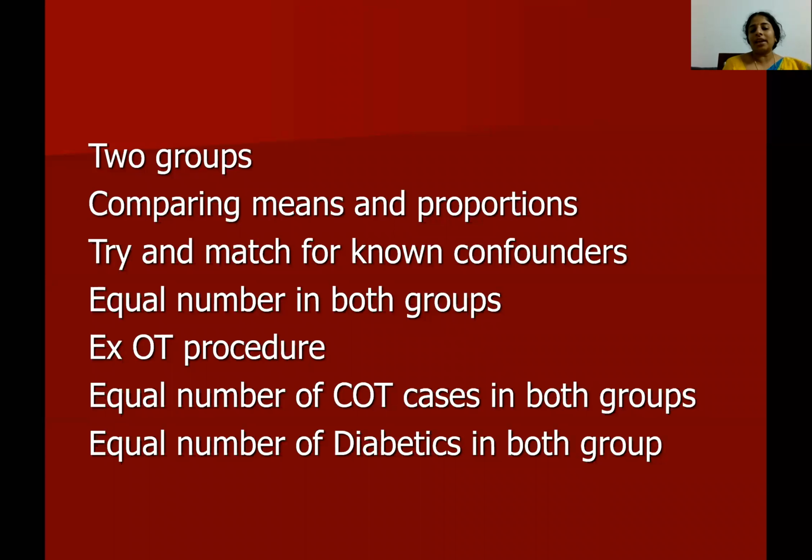You make sure that you have an equal number of cases from casualty OT, general OT and gynec OT. Because you know that the kind of patients that get operated under casualty OT is different from general OT and gynec OT.